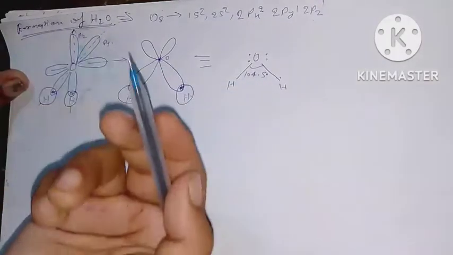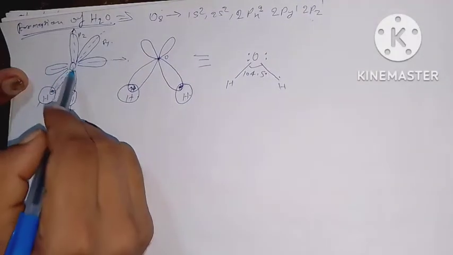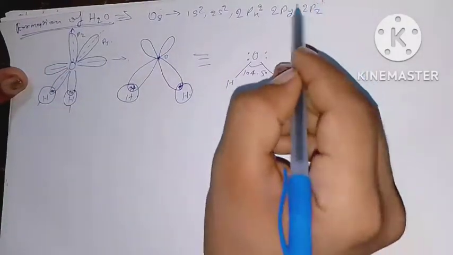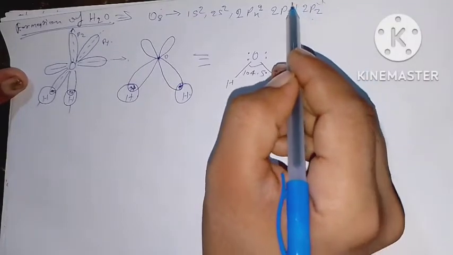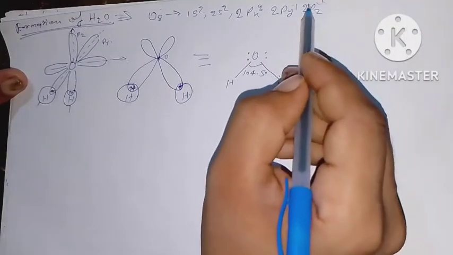Oxygen has two unpaired electrons in the outermost shell.